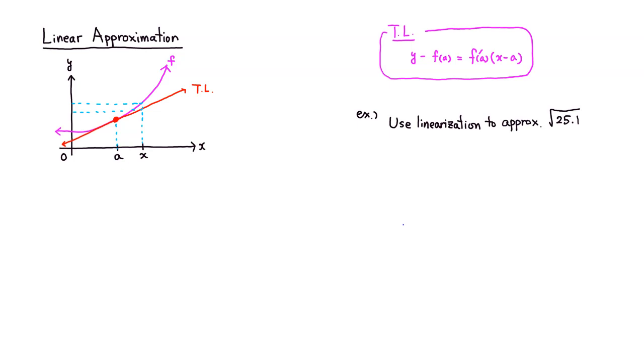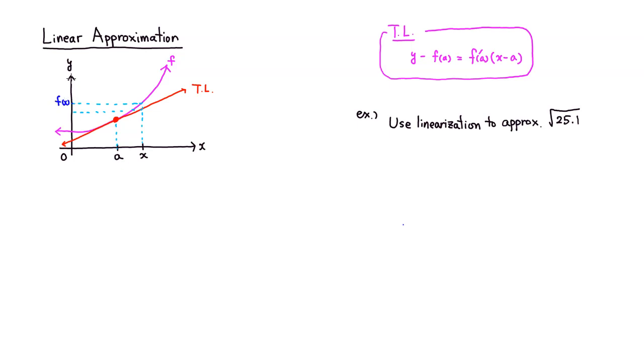Here's how it goes. Let's say you have the original function f of x, the purple curve, and you want to find the function value f of x. You can see that the value is right up here.